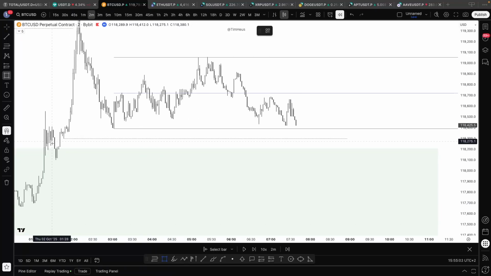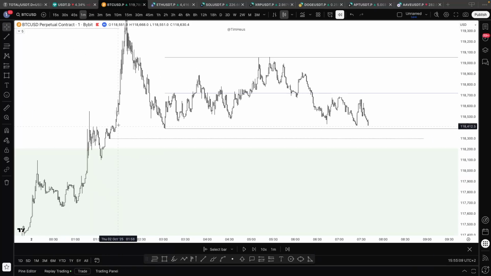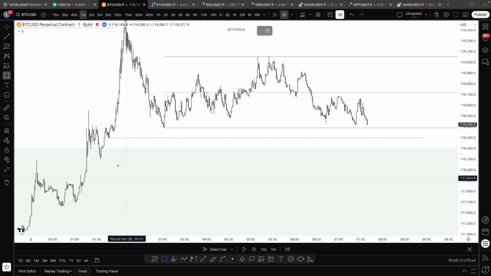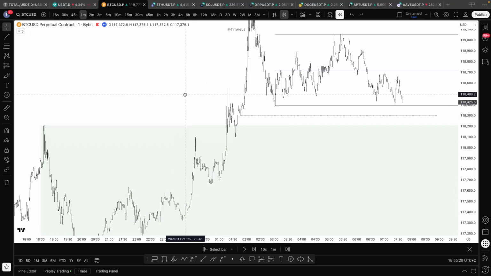Because this is a big inefficiency, you want to fill this inefficiency, so it's important to take out this low to fill those inefficiencies. You see price is going lower aggressive, price is going higher aggressive, and it leaves this inefficiency. All right, so you want to fill that and come into that demand to go higher, okay? That's how inefficiency and liquidity works.